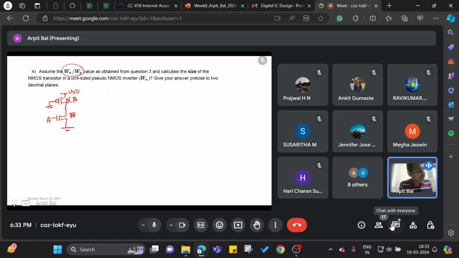We have derived the relation that beta is equal to 1 minus alpha by 2, where alpha is equal to Wp by Wn. So what is my Wn and what is my Wp? Please try this out.